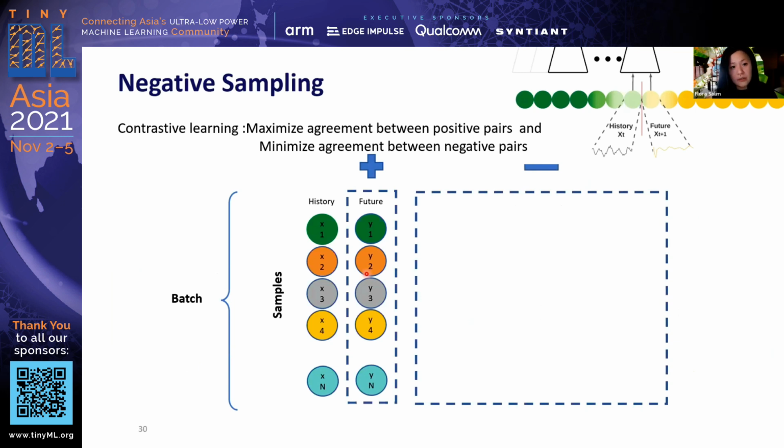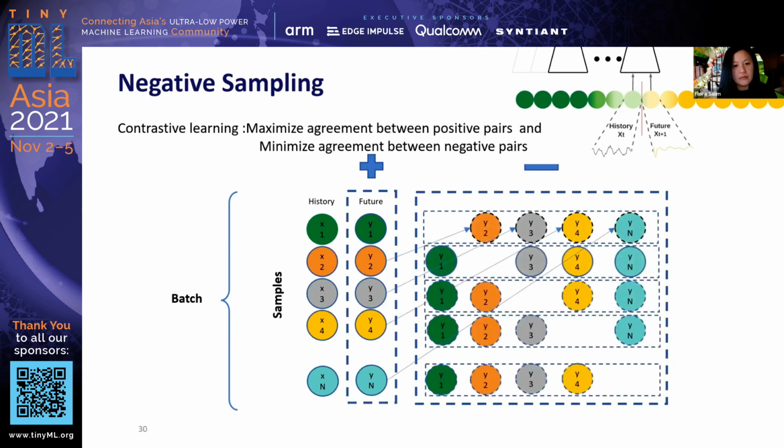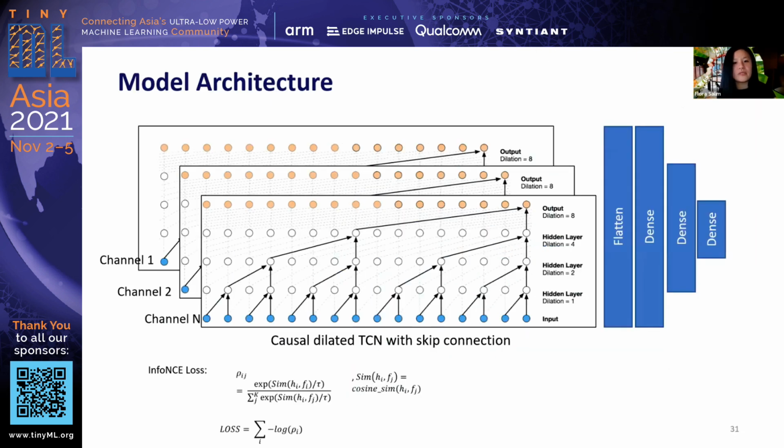We don't know those labels, but we just look at the samples and mine the positive and negative pairs. Those that are closer, we say they are positive, and those further are negative.